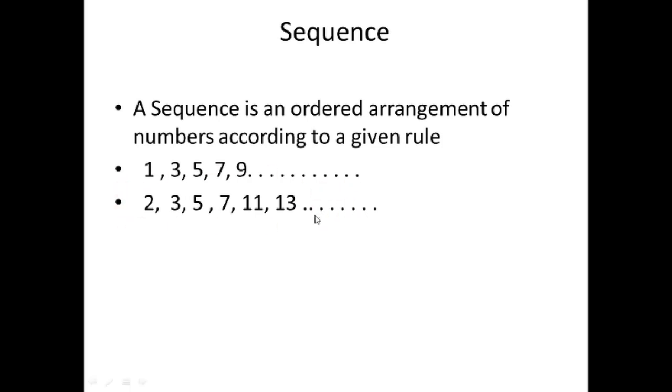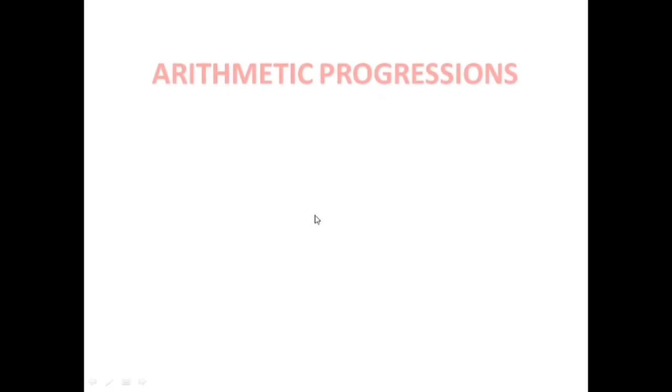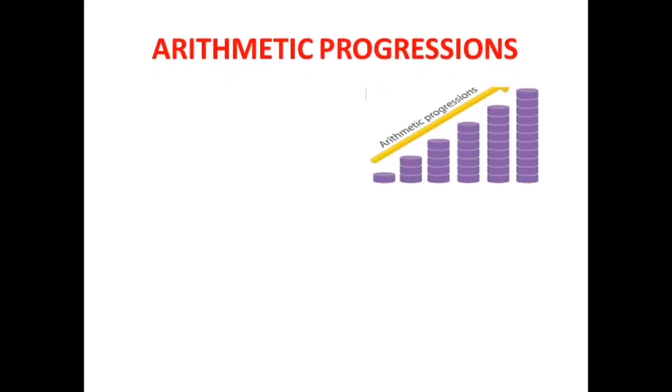But what is arithmetic progression? Look here. There is one cylinder here, 3 cylinders here, 5 cylinders here, 7 cylinders here. If you write it numerically: 1, 3, 5, 7, and so on. Now observe the difference between the first and second terms: 3 minus 1 is 2.